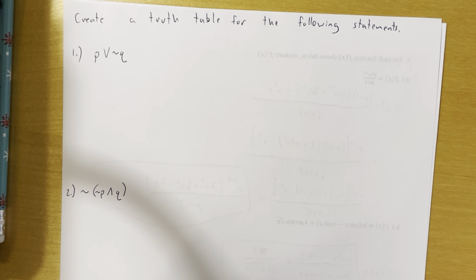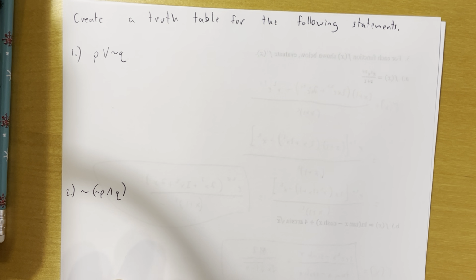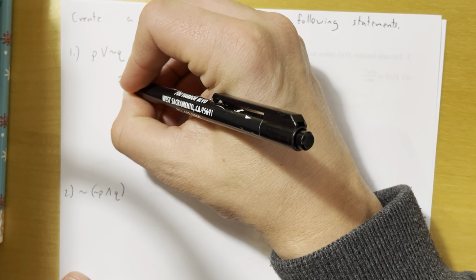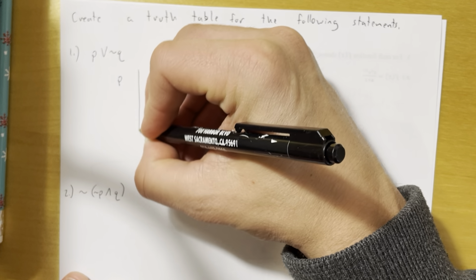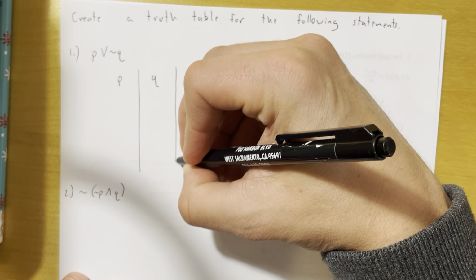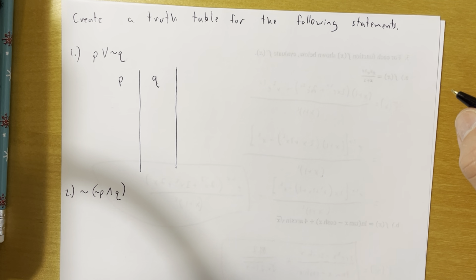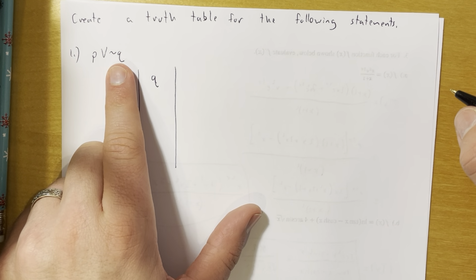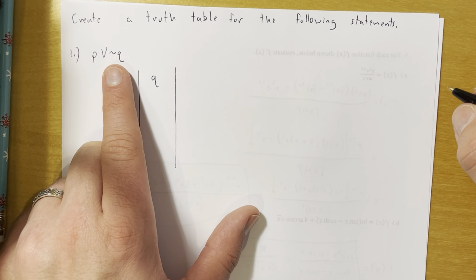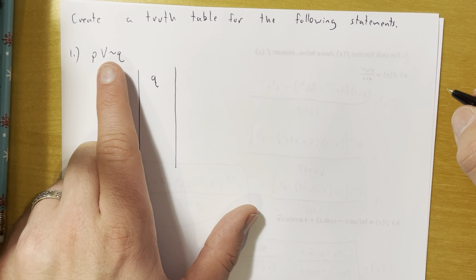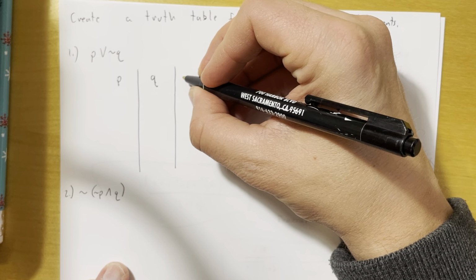So these are both compound statements. And you remember, for truth tables, what we want to do is start by creating a column in our table for each component statement that appears. Now, Q is actually not a component statement in this compound statement, but not Q is, or the negation of Q is.